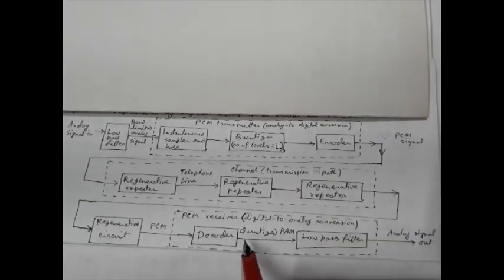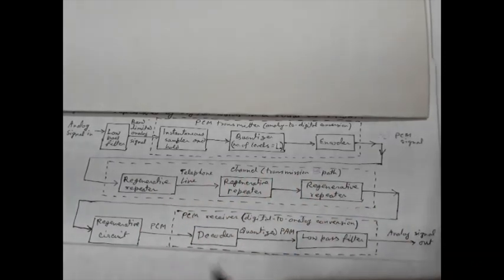So here we have the L-ary quantized signal, or rather we can call it L-ary PAM, pulse amplitude modulated signal. It is quantized PAM, and this PAM is passed through a low pass filter, and this low pass filter will eliminate the high frequency components, and we will get the analog output signal. So this is the basic block diagram of the PCM system.